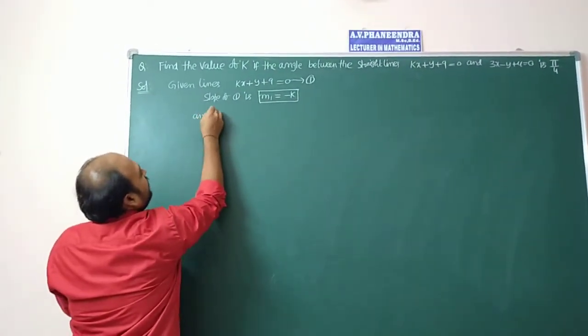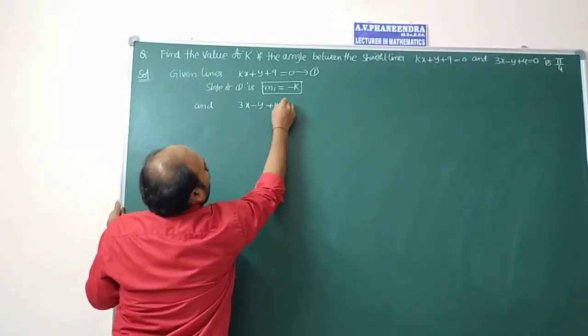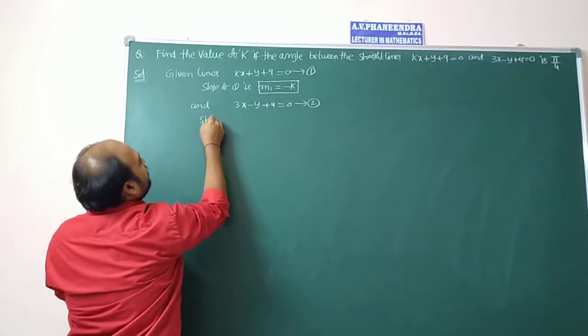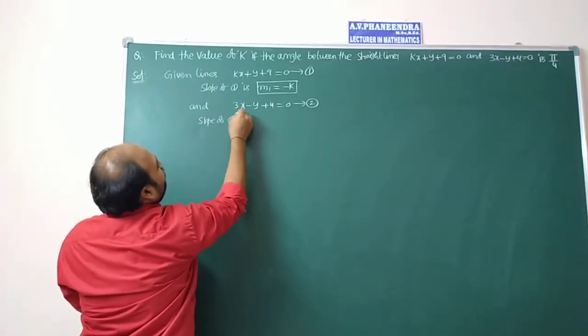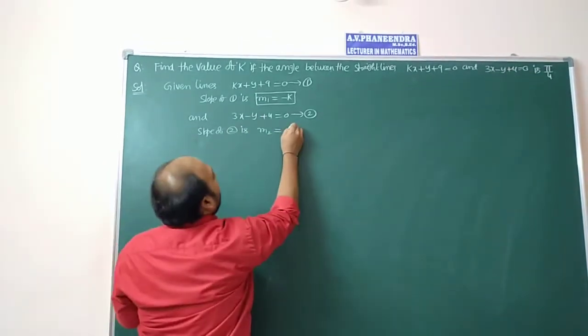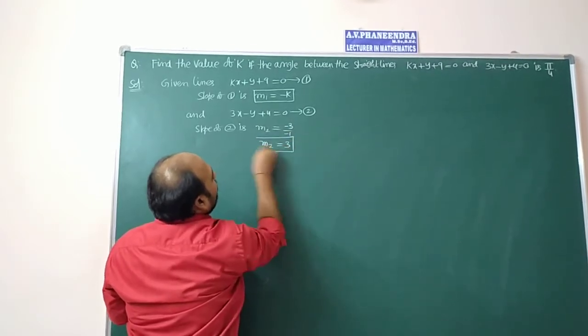And what is the second line? 3x minus y plus 4 equal to 0, equation number 2. Slope of equation 2, m2, is equal to minus x coefficient by y coefficient, minus 3 by minus 1. m2 is equal to 3.